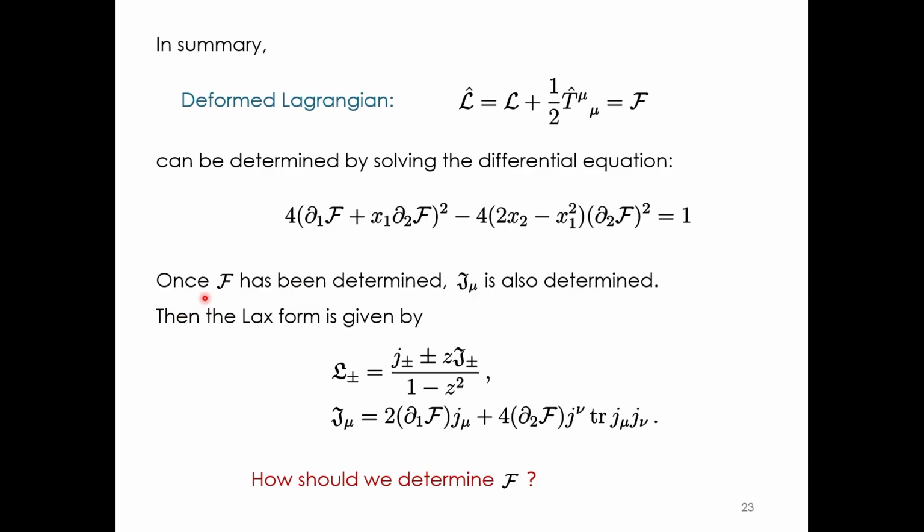Once F has been determined by solving these equations, the deformed Lagrangian is determined, and the Lax pair is given by these ones. By determining F by solving these differential equations, this curly J is determined, and then the Lax form is also determined. So anyway, everything comes down to solving this differential equation.